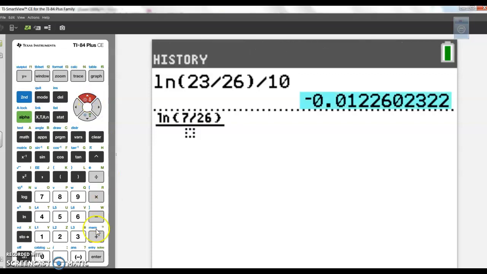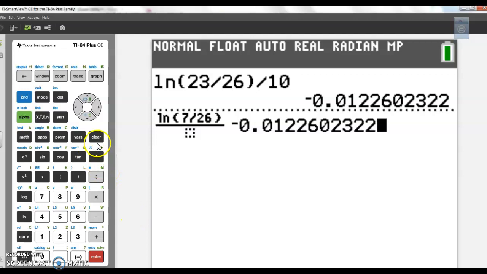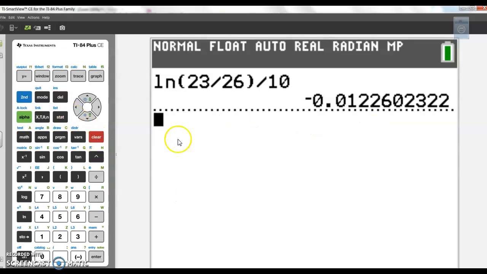No, it's not going to let me do that. All right, so let me do this a different way. Delete, delete, delete. So it's going to be ln of 7 over 26, in parentheses, 7 divided by 26, and then divided by this number.